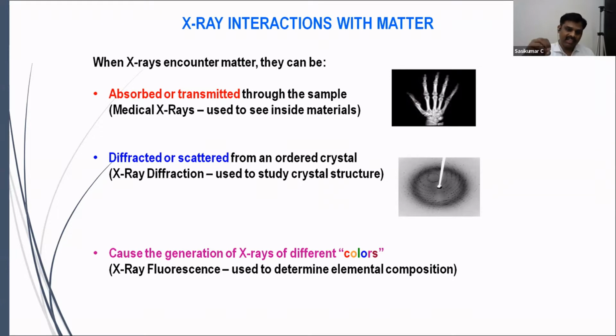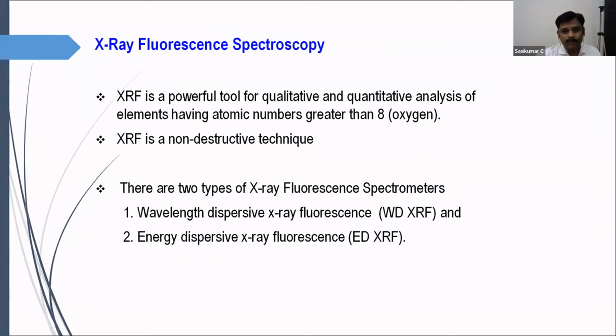And if X-rays are emitted from a single atom, this X-ray will be carrying information about the chemical composition of an element. So basically XRF will give you information about elemental composition. XRF is a powerful tool for qualitative as well as quantitative analysis.